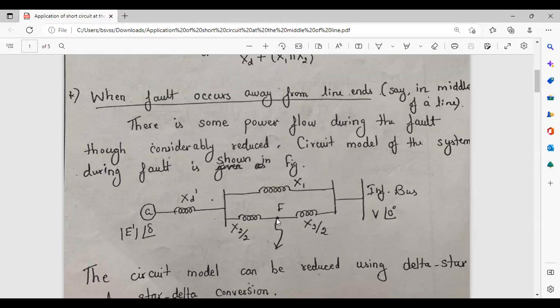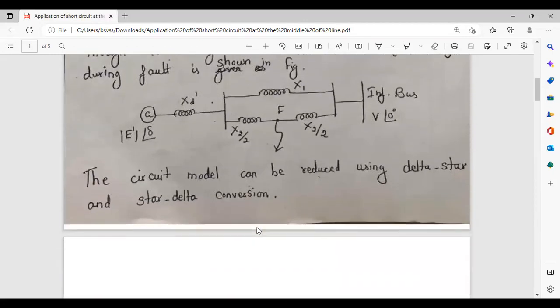The line gets divided into two, and its reactance can be calculated as X2 by 2 and X2 by 2. It is equally divided. And the circuit model can be reduced using the star delta conversion method.